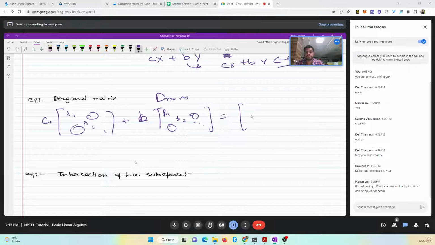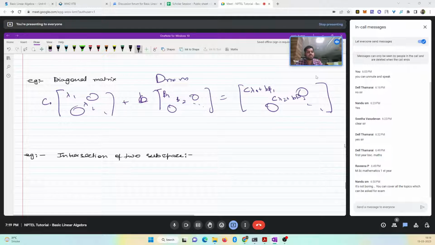This is equal to C lambda 1 plus B beta 1. In the next diagonal we have C lambda 2 plus B beta 2 and so on and 0 everywhere else, right? So again you can see this is also a diagonal matrix. So this is true also for diagonal matrices, that our set of diagonal matrices is a subspace.